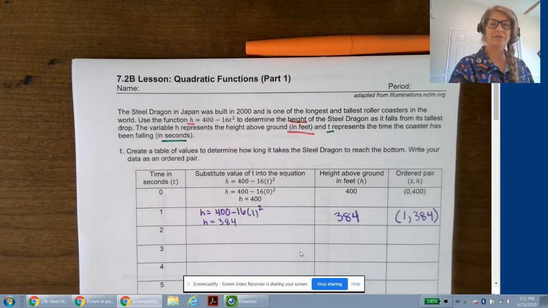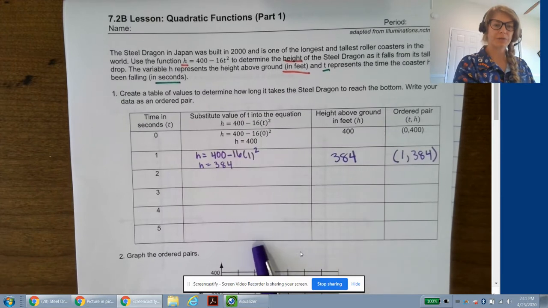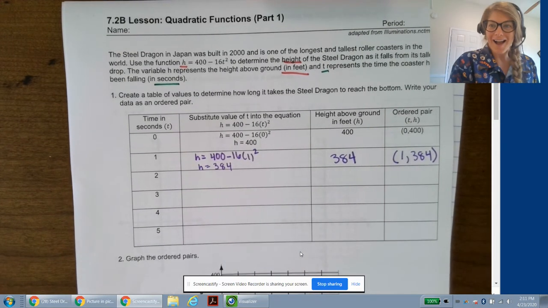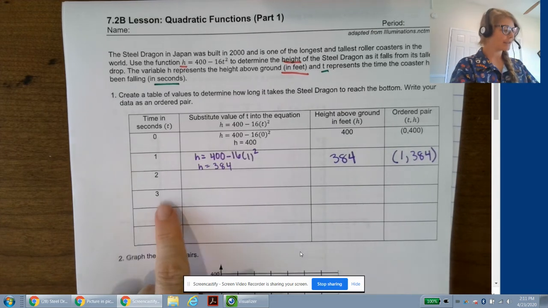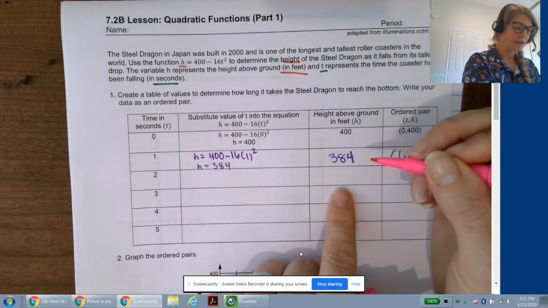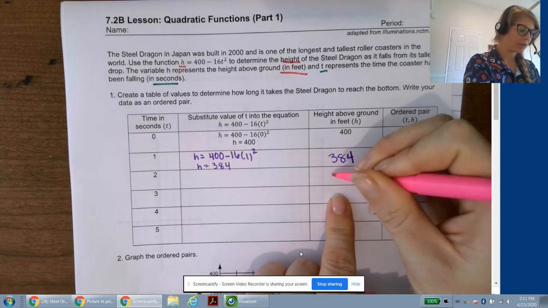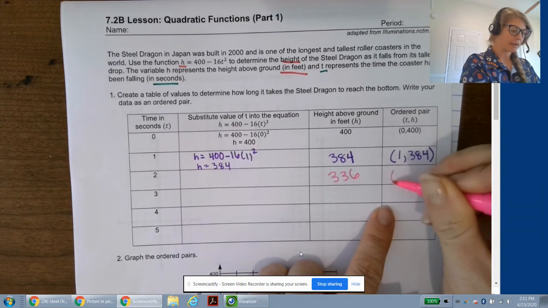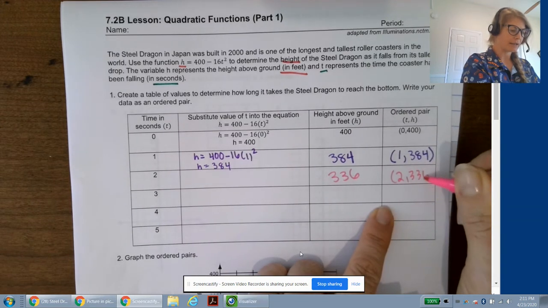So why don't you pause the video and quickly fill in 2, 3, 4, and 5, and we'll check back in a second. Okay, let's see. On 2, you found the total feet to be 336. And so that's 2 comma 336.